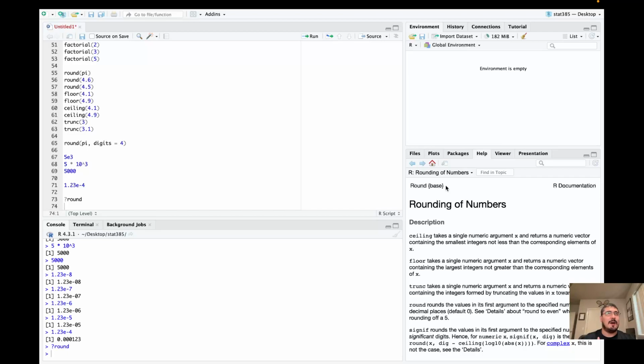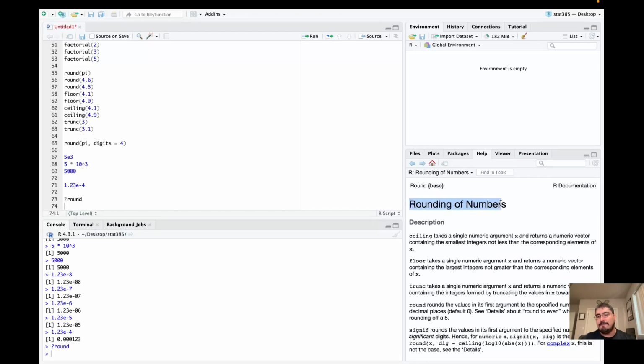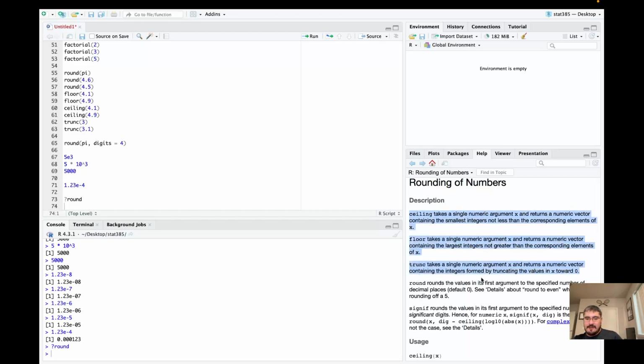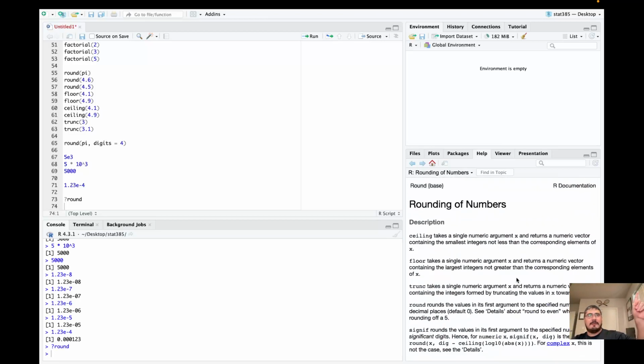This is just base R. When you download R, you get base R, which is a set of additional tools. In this case, it contains the round function and many other functions. It gives you a title and description. With round, it's going to provide a documentation page for round and similar functions to it.